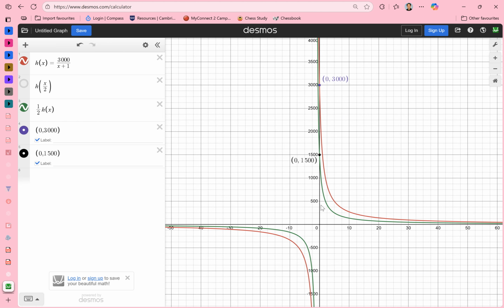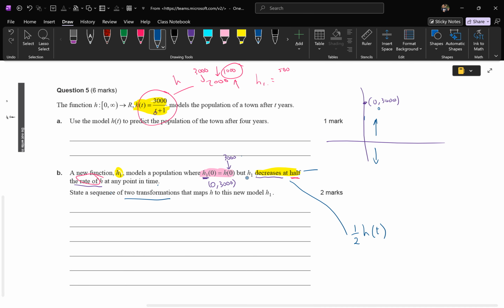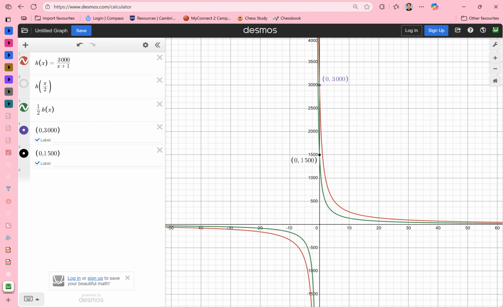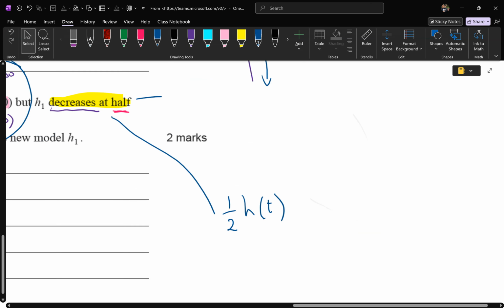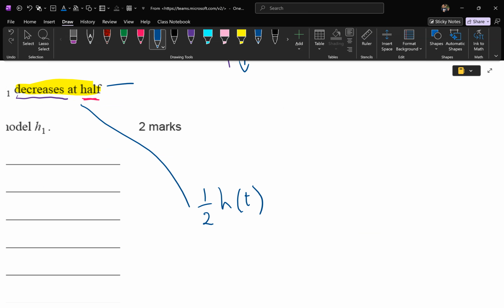So because you need to meet the first condition, which is (0, 3,000), doing half of h of t rather than h of t over 2 has a problem.